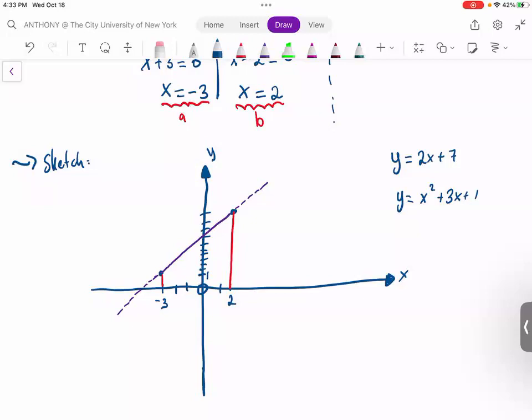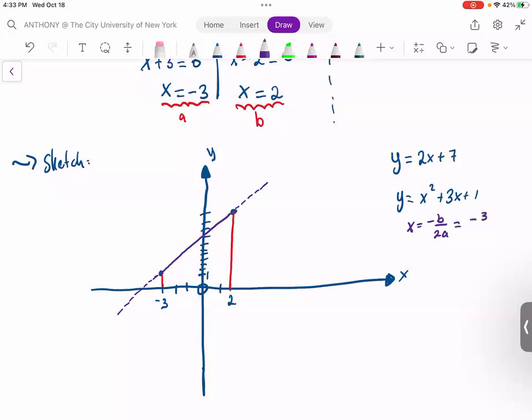Upward. So for this parabola, I will need to actually find the vertex. If I want to make a quick sketch of it, I need to find the vertex. So just another aside here. If you have x equal to negative b over 2a, you can plug in the values of b and a to find the x-coordinate of the vertex, and then plug that into your equation to get the y-coordinate.